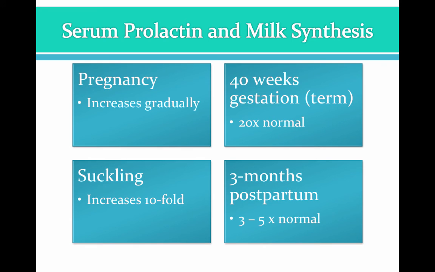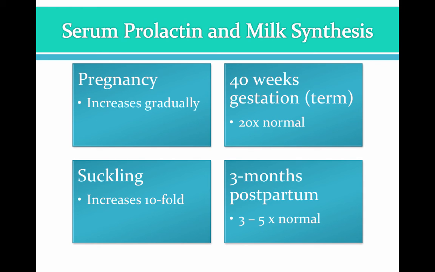So now we're going to talk about serum prolactin and the role that it plays in milk synthesis. During pregnancy, serum prolactin increases gradually until it reaches a peak of about 20 times the normal value at 40 weeks gestation.